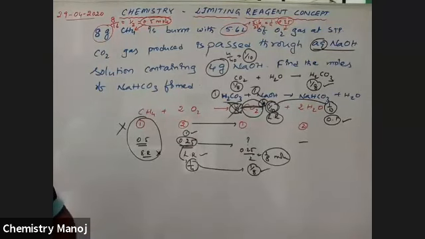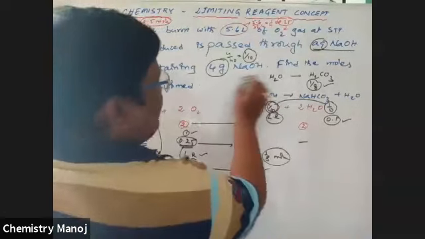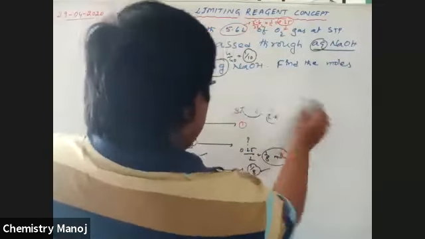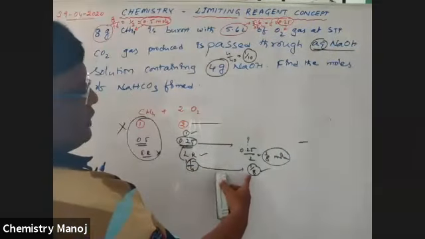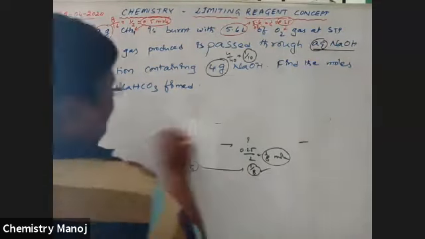So very, very easy. If you know the limiting reagent, the calculations are very, very easy. So once again, I'm going to explain. Up to this, how many moles of CO2 is formed? 1 by 8 moles formed.